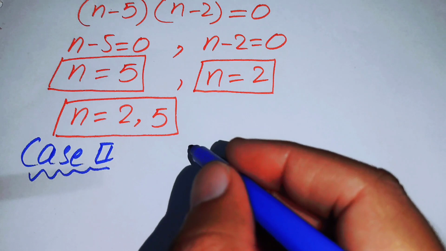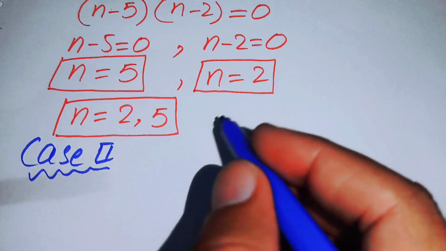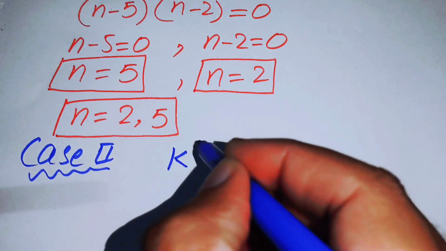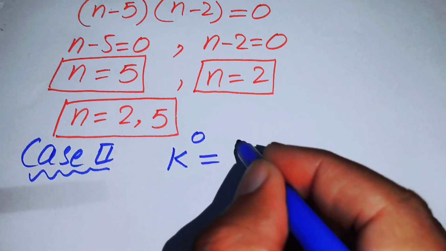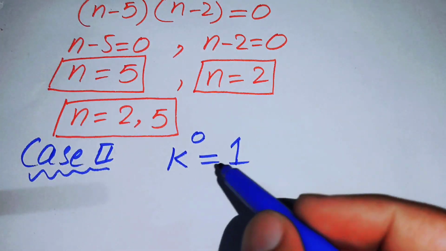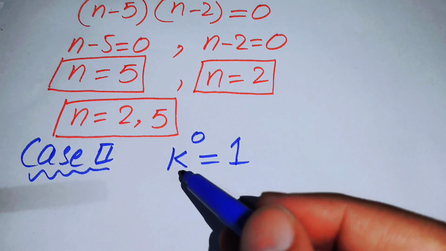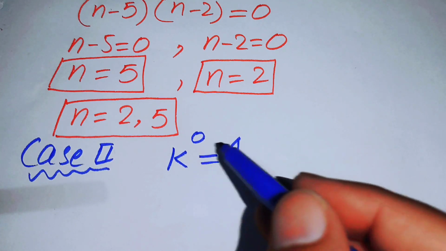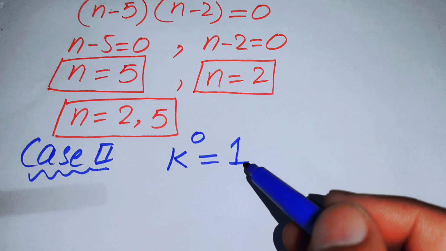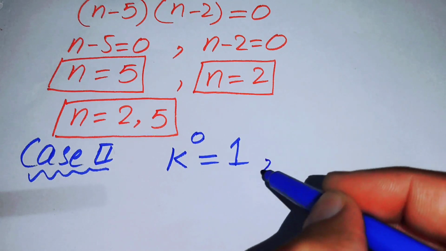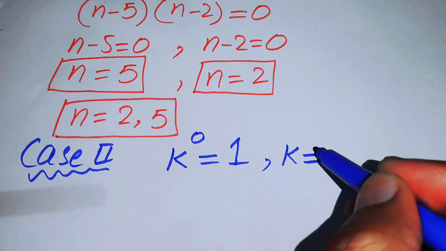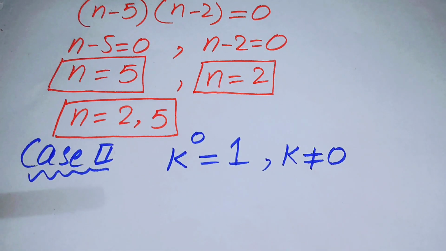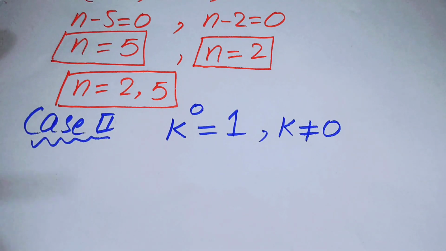This other way is k to the power of 0 is equal to 1. You know that any number whose exponent is 0 is always equal to 1, and here we have one condition, which is k is not equal to 0, because k must be a non-zero number.